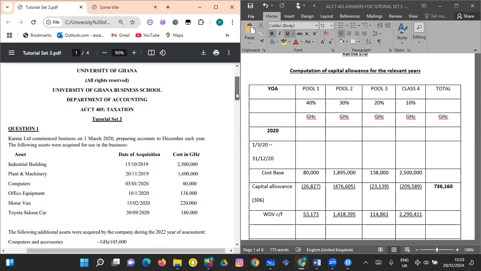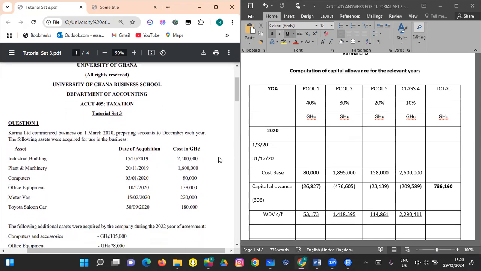And then pool two will have the plant and machinery. Adding to this, we'll have the Toyota saloon car and then also the motor van. The motor van, we keep it the same as we know already.